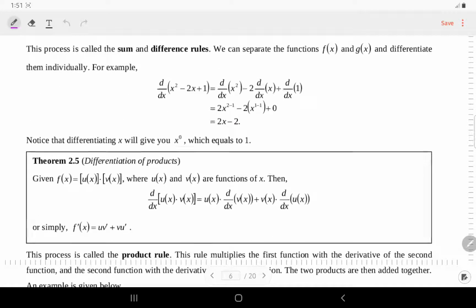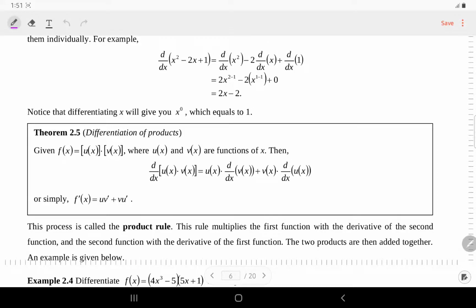Okay, and then theorem 2.5 is the differentiation of products. We have two functions here that are the product of each other. We call it the product rule. So we have u times function v, and then we want to differentiate this function.